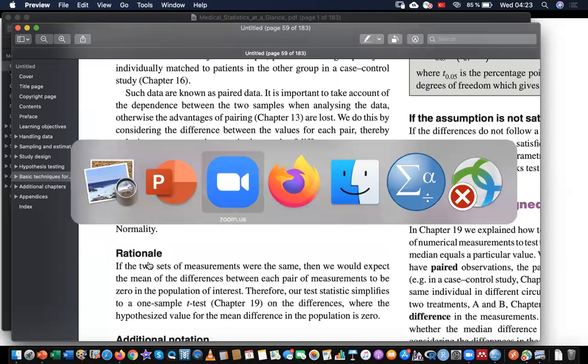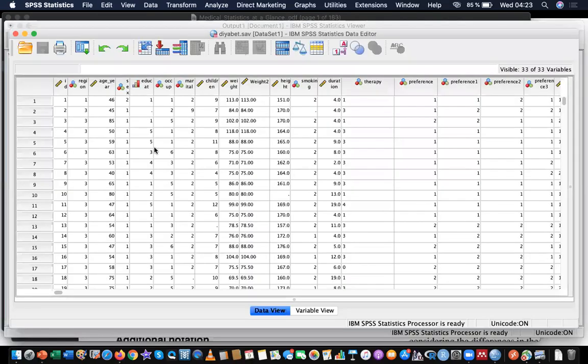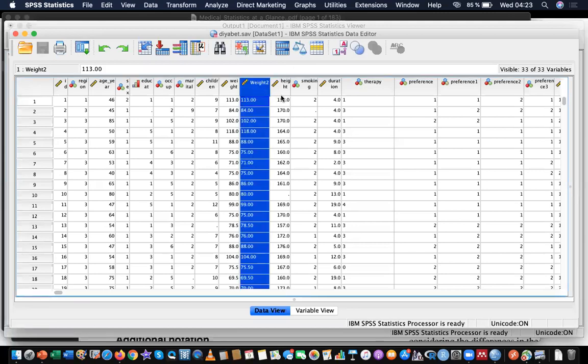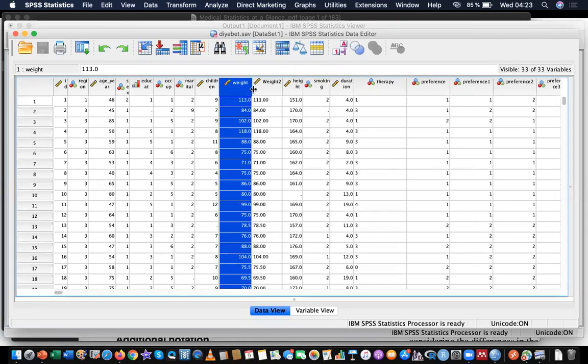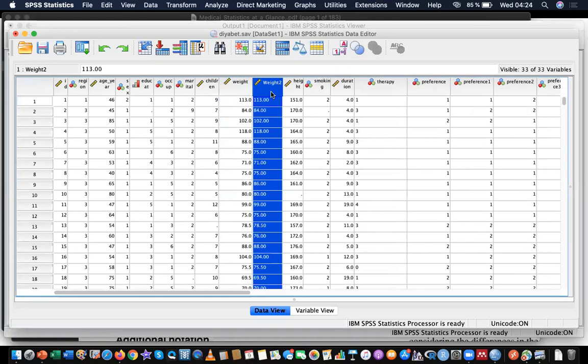Let me demonstrate it with SPSS. Here I have several different kinds of data. One of my variables is the weight. I have here the weight before in this column, marked blue, and the weight after some exercise.